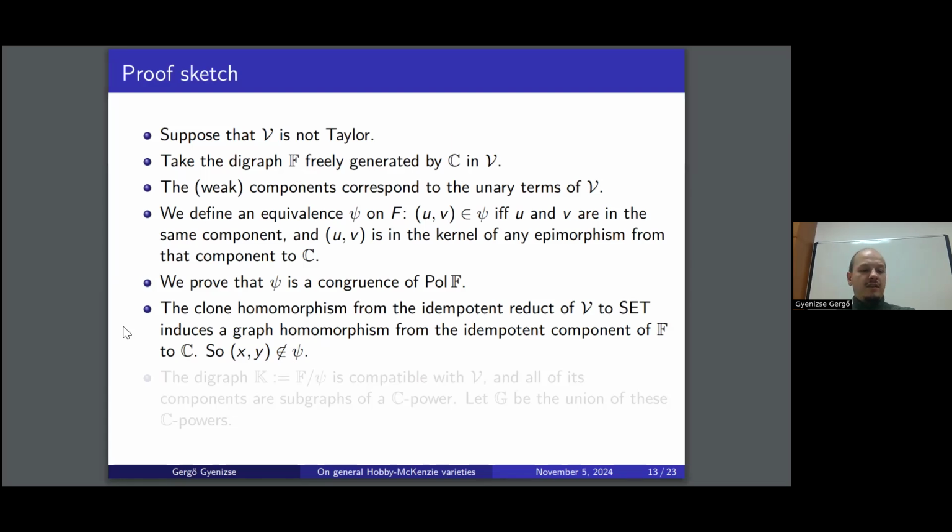So this homomorphism will fix the projections X, Y, and Z. And this means that X and Y are not collapsed.